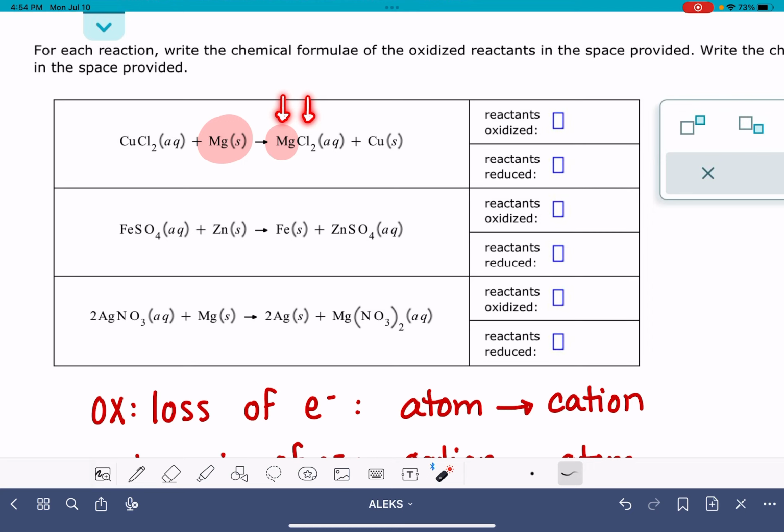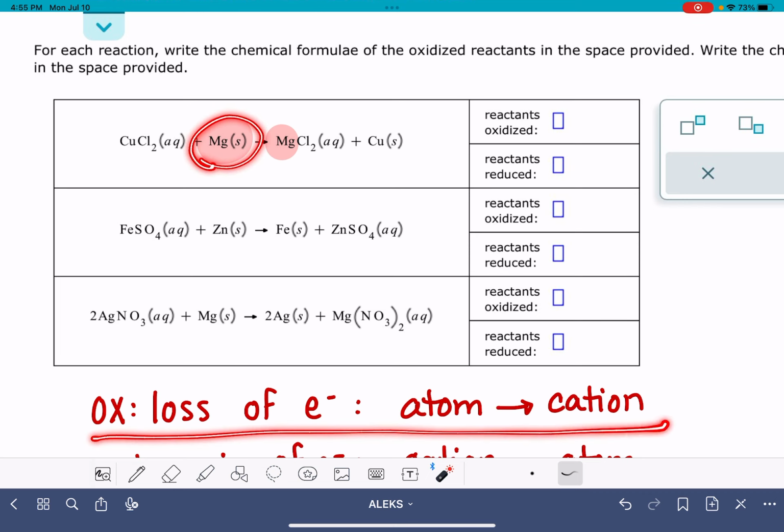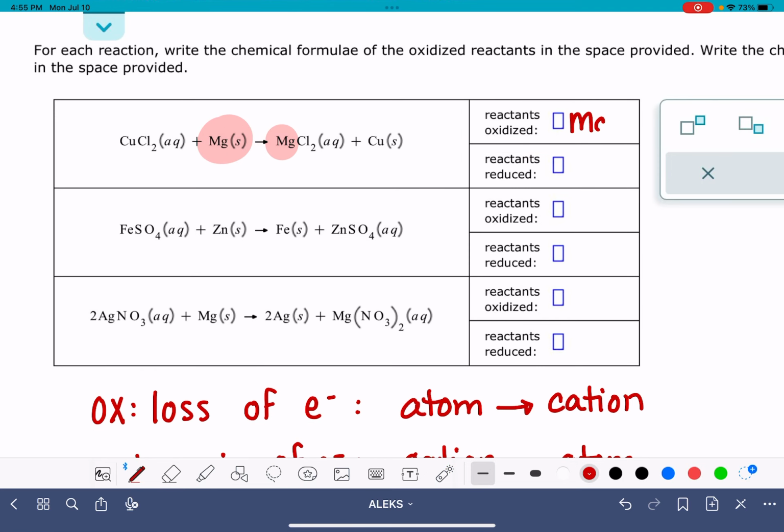The second substance that's listed is the anion. We know, without even looking up the charge on this magnesium ion, that this must be a cation because it is listed first in the formula of the ionic compound. So this magnesium is meeting the definition of oxidation. It is our reactant that is being oxidized.